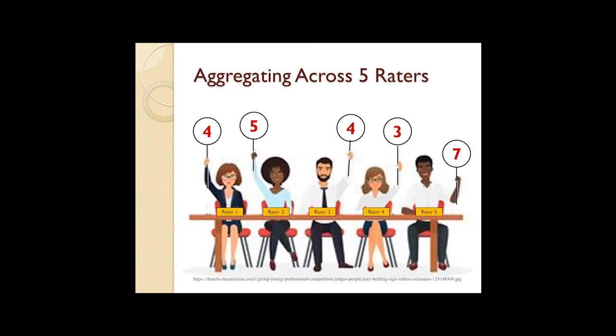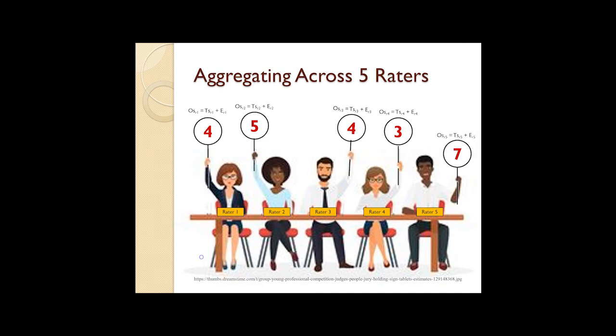Let's use an example here. Let's say that we have 5 individuals rating a person for, we love extroversion, let's use that as a concept. So we have a 7-point scale for extroversion. We have 5 different people rating a target person, and each of them is holding up their scores. So we have 2 4s, a 5, a 3, and a 7.